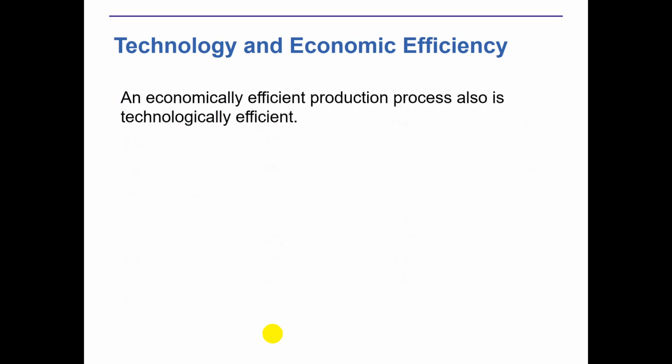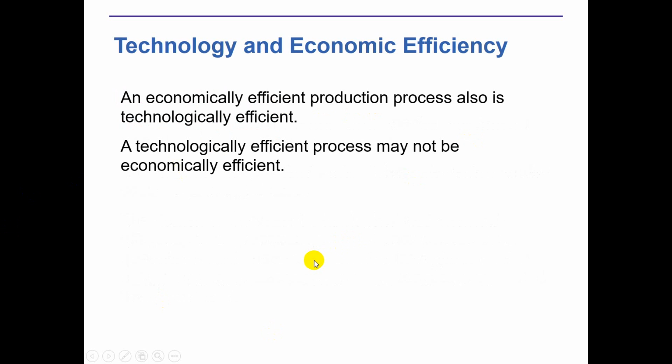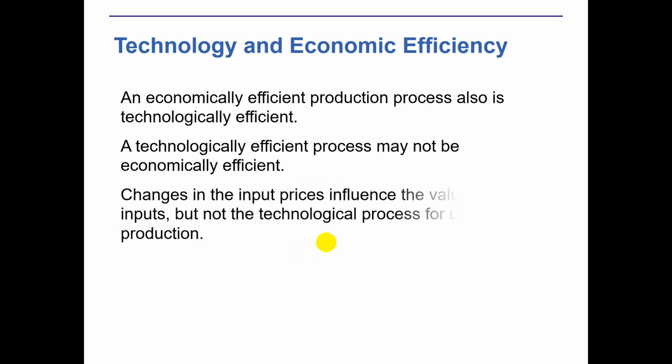And an economically efficient production process is also a technologically efficient process, because definitely if you are economically efficient, you are also technologically efficient, but the technologically efficient process may not be the economically efficient process.